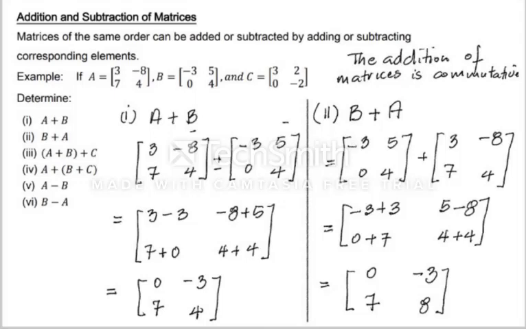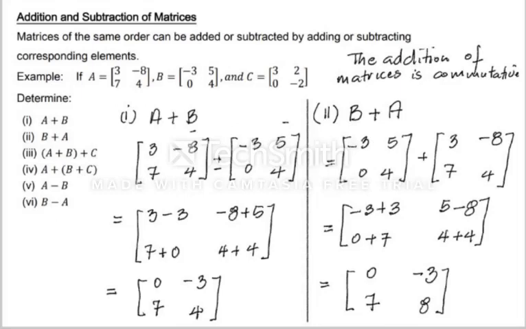Let's have a look at A plus B plus C. So firstly, we have A plus B in bracket plus C. The A plus B in bracket is just telling us that A plus B must be done first.